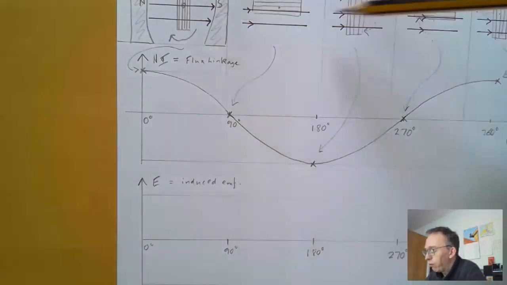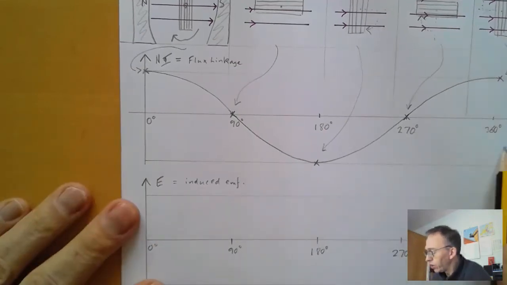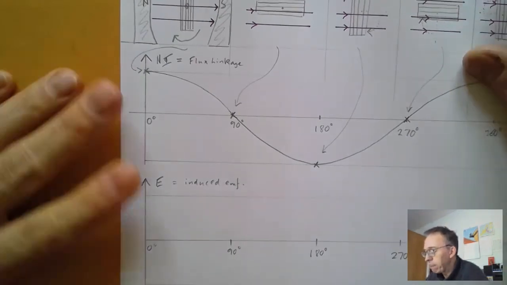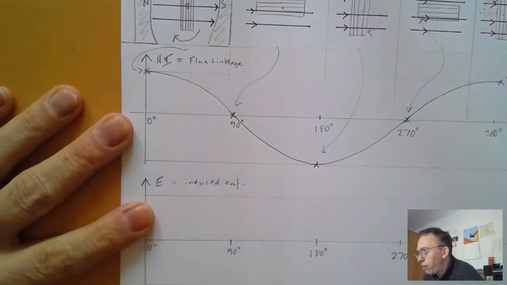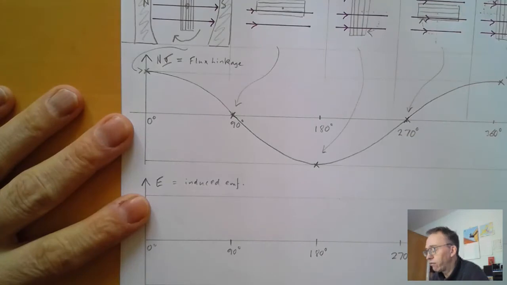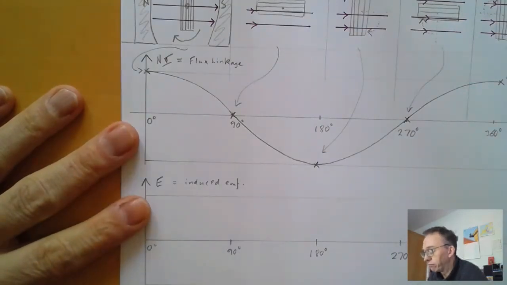So when we plot the angular position, we're really plotting time. It's proportional to time because the coil is rotating at a constant angular velocity. So we can think of theta as being time, and therefore, if we want to find the rate of change of flux linkage with time, that is going to be the gradient of this graph.